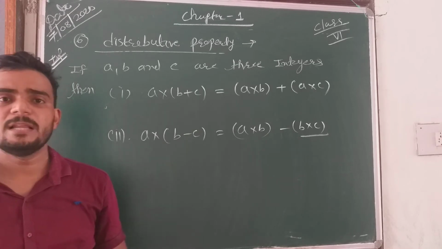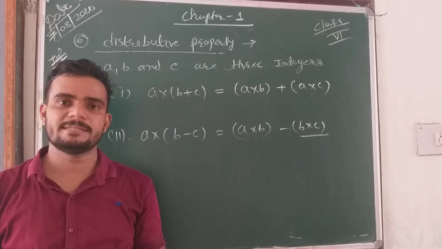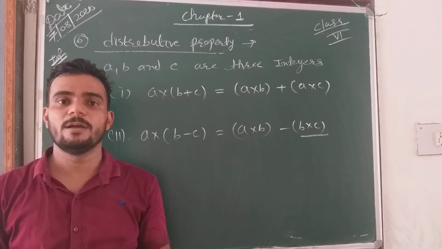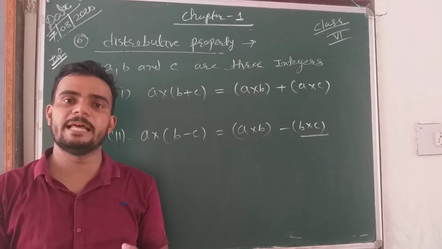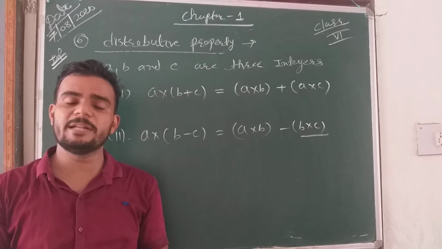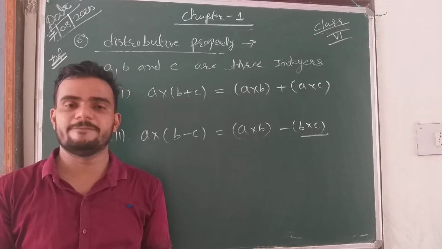So tell me one thing, the closure property is valid for? Yes, very good. The closure property is valid for addition, subtraction and multiplication. The commutative property is valid for? Very good.